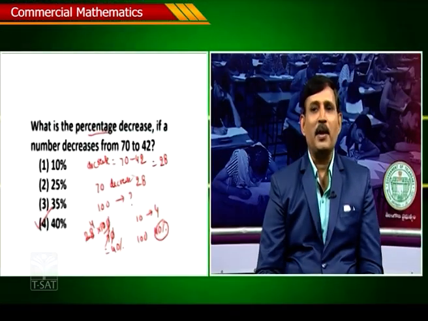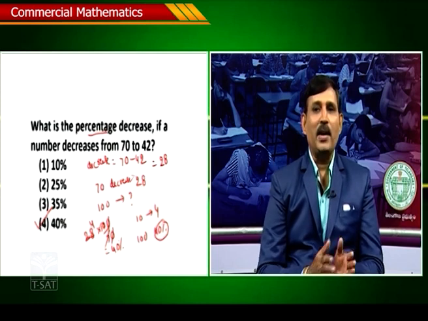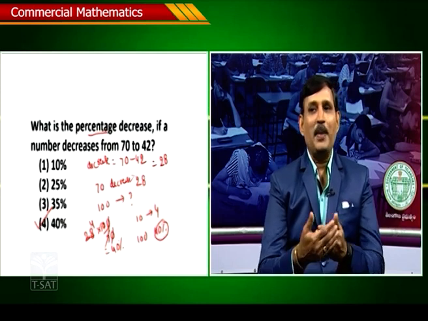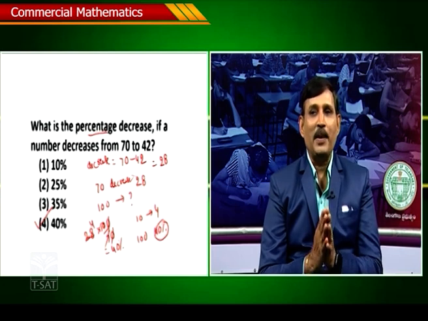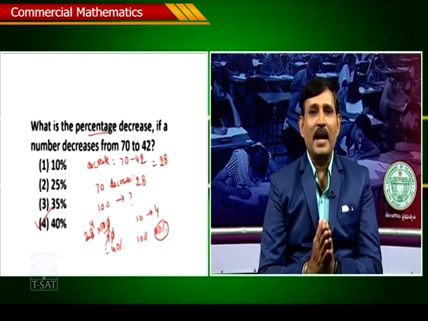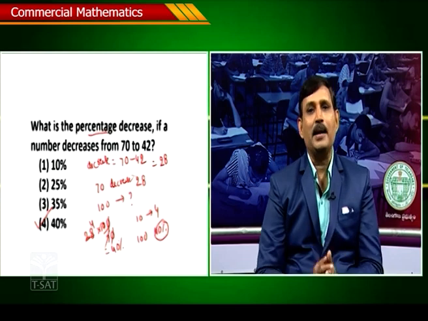Then for 70 it is this much, which in this particular problem is 28. But every time it need not be 28. So when it is a decrease, it is calculated for 70. Remember that percentage always means per 100. So the calculation is always done per 100. So if it is 100, what will be the decrease? That is what we are calculating there.